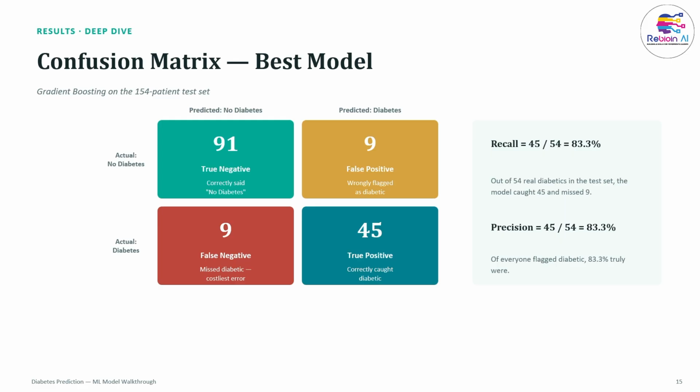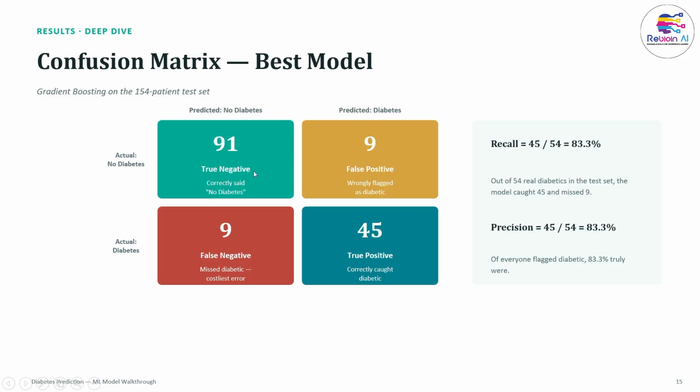Now here you can see the confusion matrix, where we have a column called actual diabetes and a row called predicted diabetes. Here we have divided it into four parts, that is true negative, false positive, false negative, and true positive.